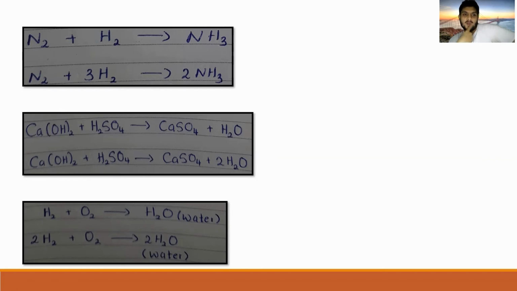If you see this on the reactant side, you must first identify what elements are found on the reactant side. You find calcium, oxygen, hydrogen, and sulfur. Those are the only elements found on the reactant side.